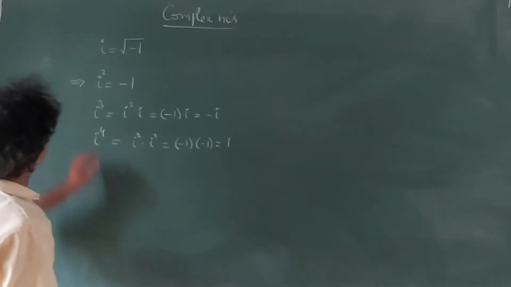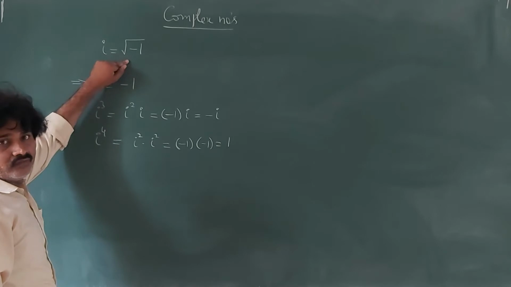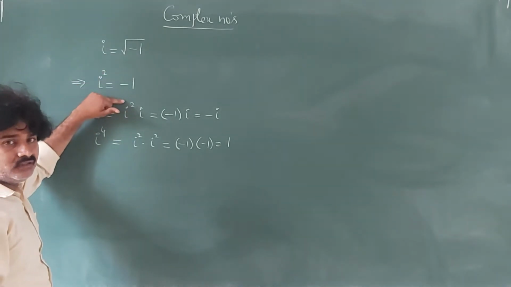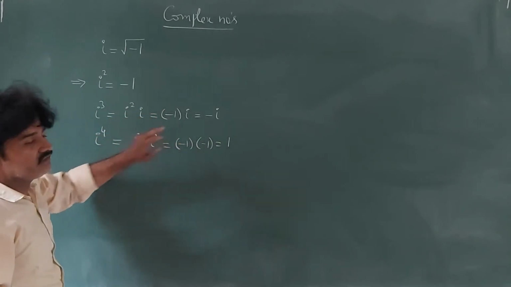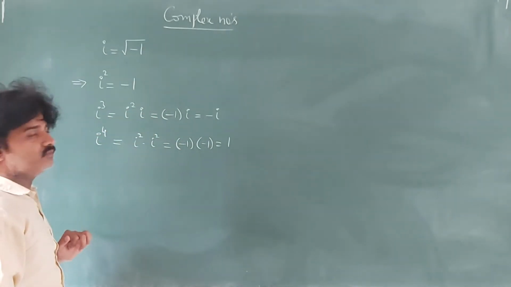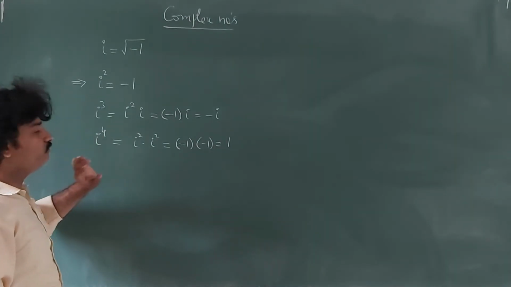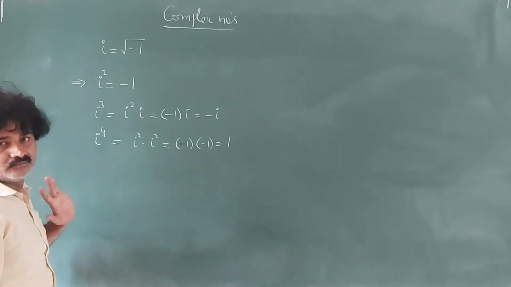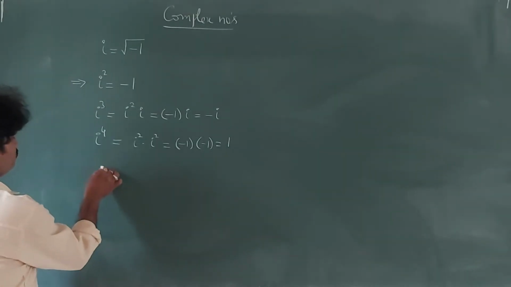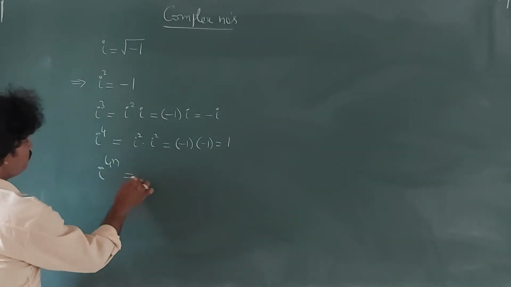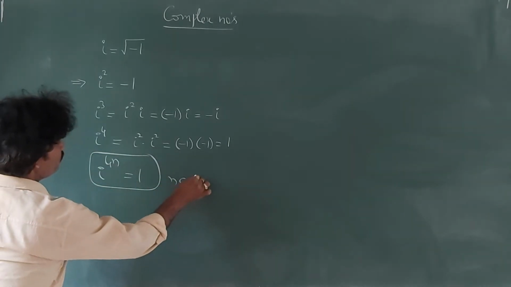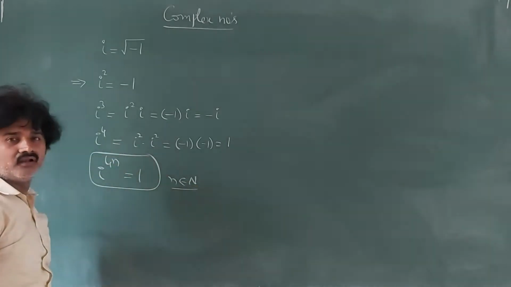Okay, now if you observe, i means whose value is the square root of minus 1, the i square value is minus 1, the i cube value is minus i, and i power 4 is 1. From here onwards, what I have to remember is that i power 4 multiples, anything you take, is always 1 only. In general, i power 4n equals 1, for n belongs to natural numbers.